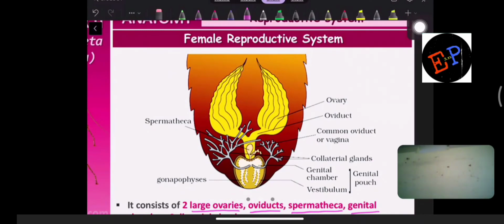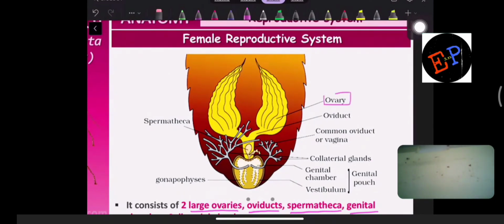Understood? So this is the shape of the ovary. Ovaries appear like some leaf-like structure. That is the shape of the ovaries. And the tube connecting the ovary is called the oviduct. Then both the oviducts enter into a common tube, which is also called the vagina.